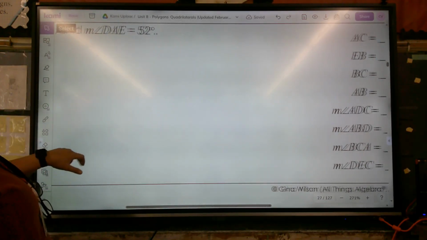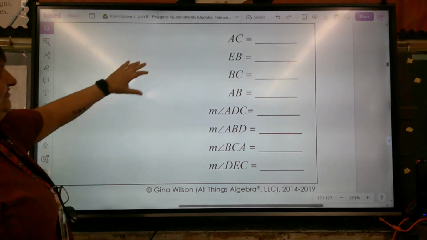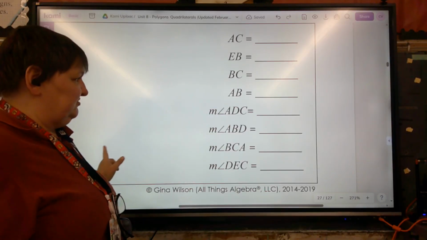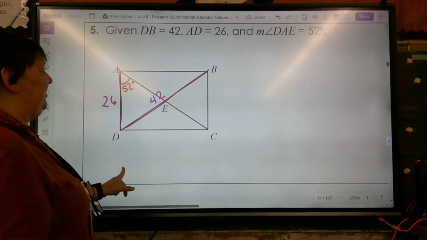We're searching for a lot of stuff. Some of it is distance, some of it is angles. So let's just figure out what we know and what we don't know.